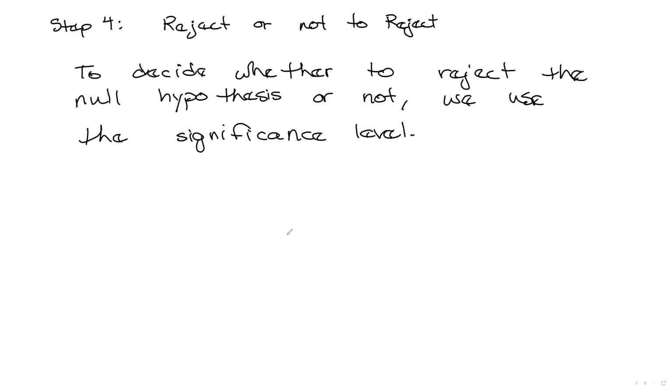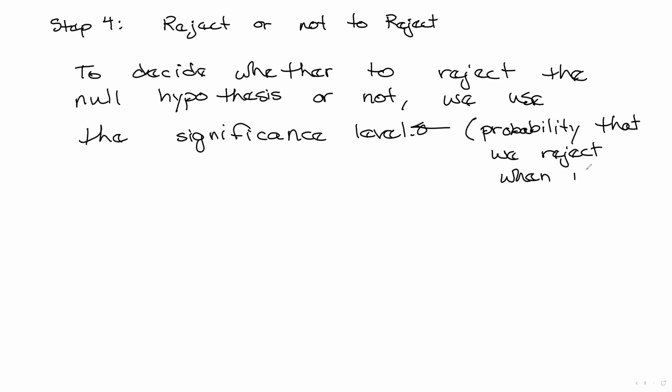So in the last video, we introduced the idea of the significance level. So what is the significance level? The significance level is the probability that we reject the null hypothesis when it was correct.